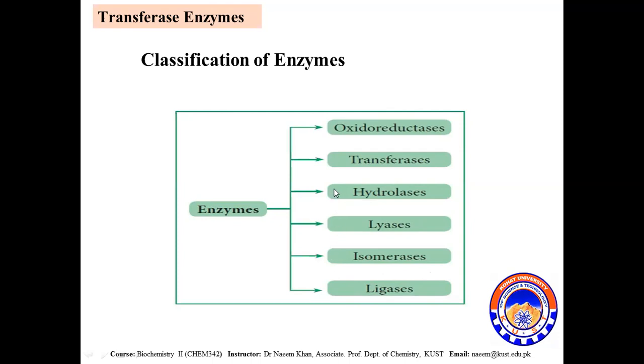It means transferase enzymes are one of the 6 major classes as per the classification recommended by the International Union of Biochemistry. So it is the second class of the 6 major classes of the enzymes.